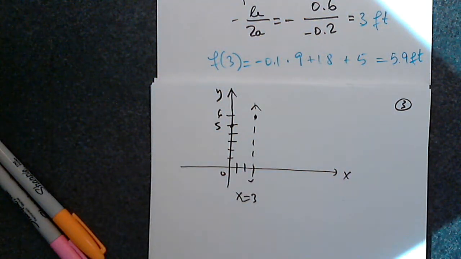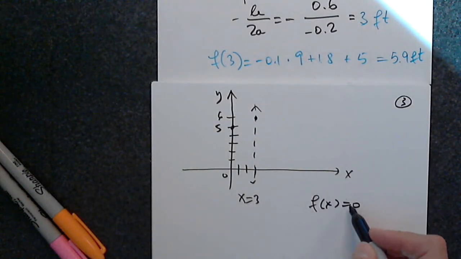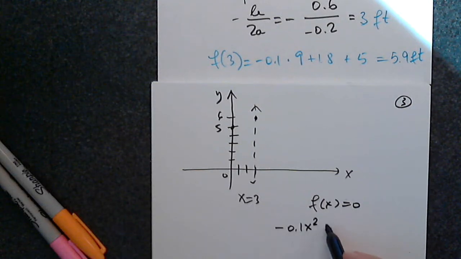And then I'm asked to find when it hits the ground. How do I determine that? What do you think? How do I determine when it hits the ground? Yes, I need to find the x-intercept. So I set f of x equal to 0, which is negative 0.1 x squared plus 0.6 x plus 5 equals 0.